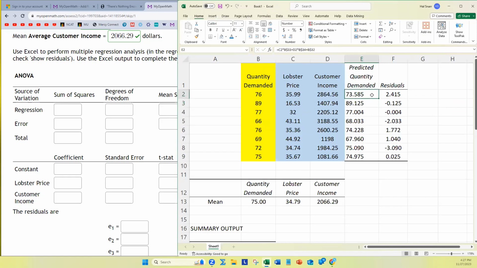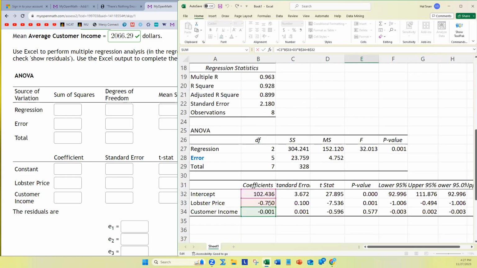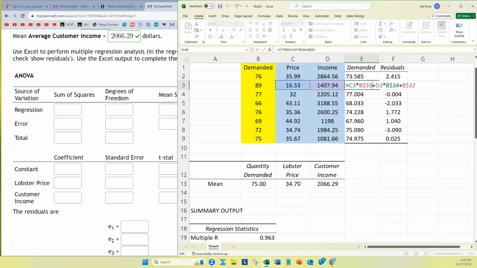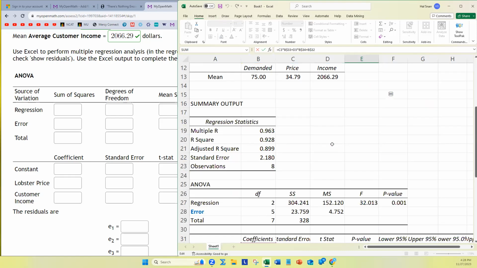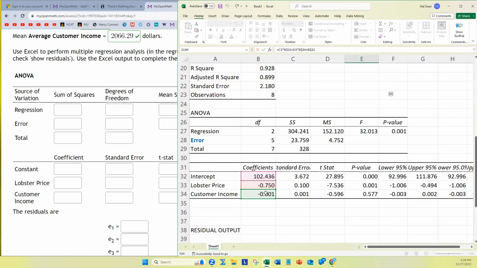Now, why did I do that? Because I'm going to pull this down, see? So now I'm taking the second observation of lobster price and customer income. I'm multiplying the lobster price in the second observation by the lobster price coefficient, right? But I'm going to add to that the customer income times the customer income slope coefficient, B34.